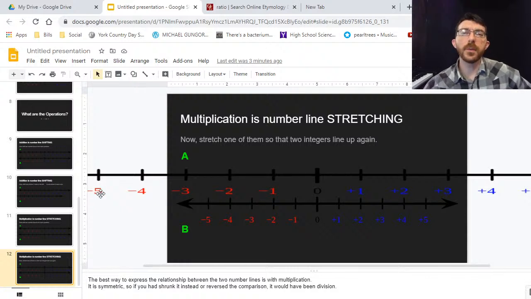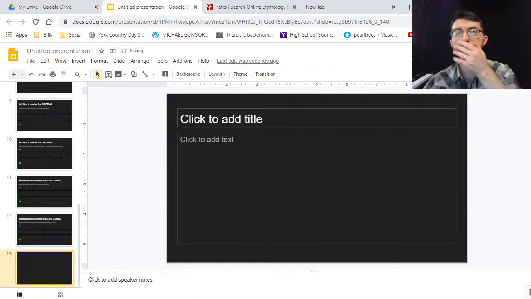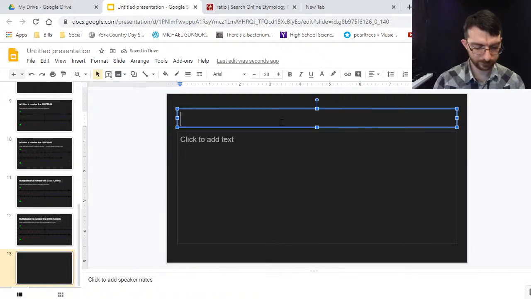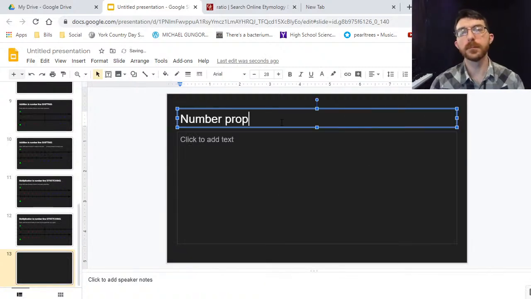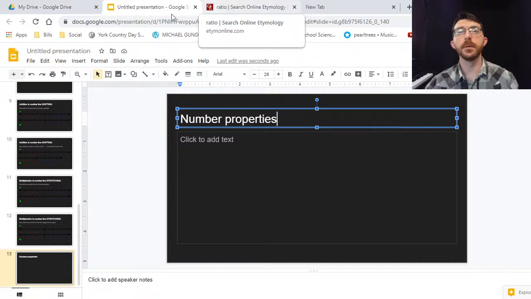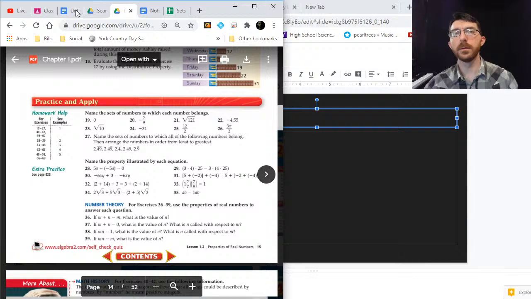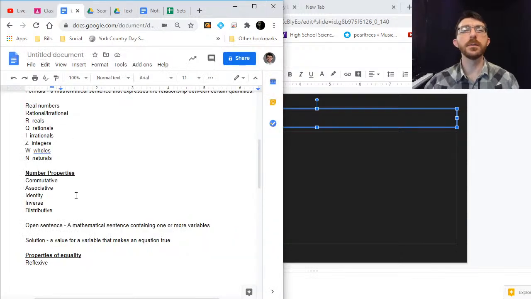Just trying to think of how to express that in terms of the language that I've established. Are they number properties?